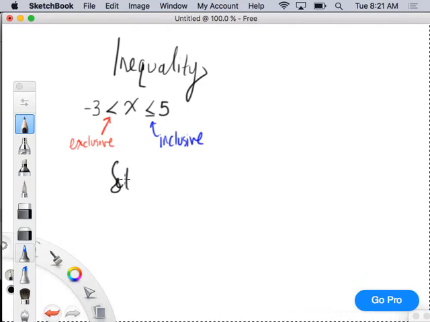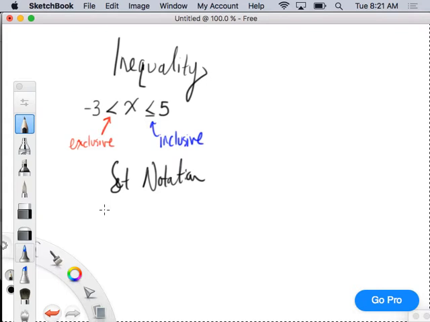Next is set notation. In set notation, when I talk about a set, and this is something we will revisit later on, I mean a collection. Like you have a set of silverware, it's a collection of silverware. If I say the set is all people in this room, that would include all of you, Mrs. Hendry, and myself. We'd all be in a set.